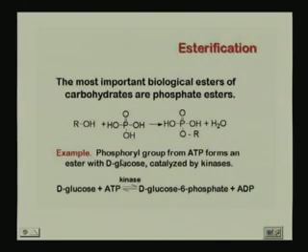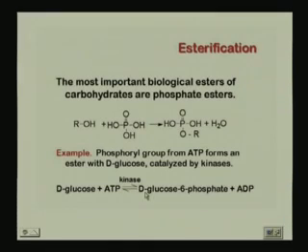When we look at a biological system, the formation of a biological ester, then the phosphoryl group from ATP, the structure of which we are going to study in a bit of detail when we get to it, the ATP will form an ester with D-glucose, forming glucose 6-phosphate, which is the first step in the breakdown of glucose.